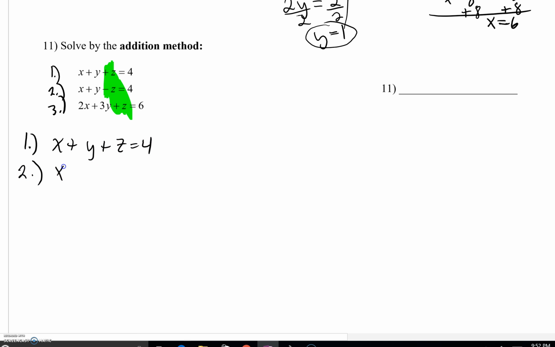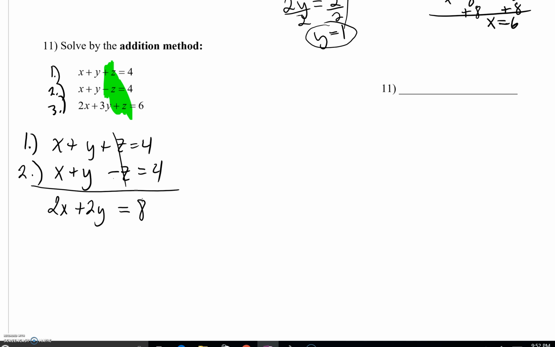And if we do that, you can see very, very fast that something very nice happens. X and x add up to 2x. Y and y add up to 2y. Your z's are gone. And 4 and 4 add up to 8. Now you're looking for 2 different equations that will also cancel out a z.